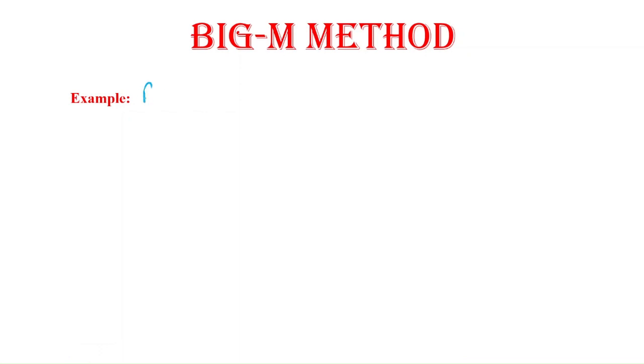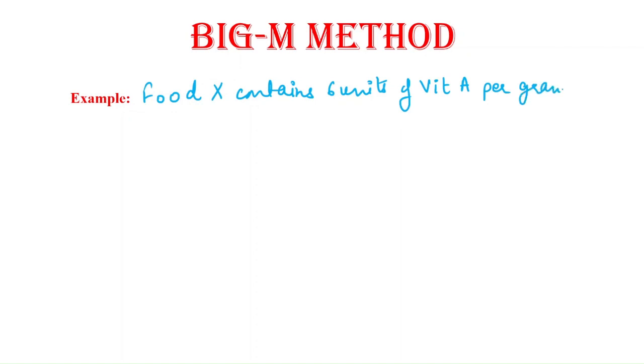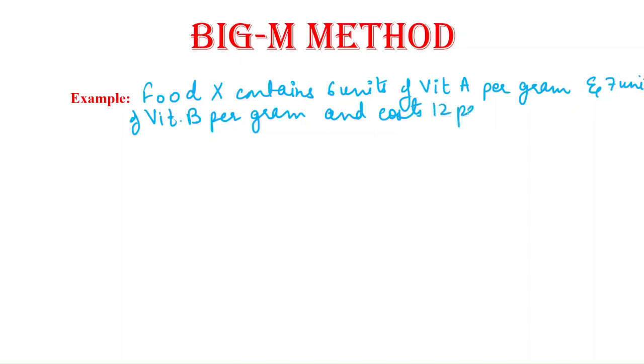So consider food X contains 6 units of vitamin A per gram and 7 units of vitamin B per gram and costs 12 paisa per gram.